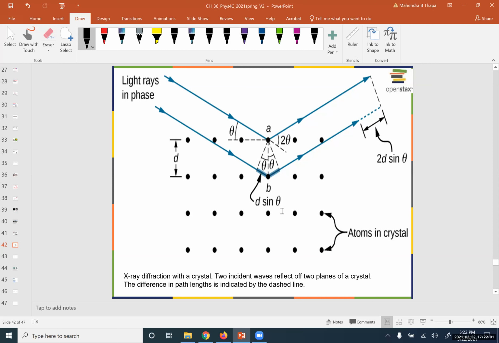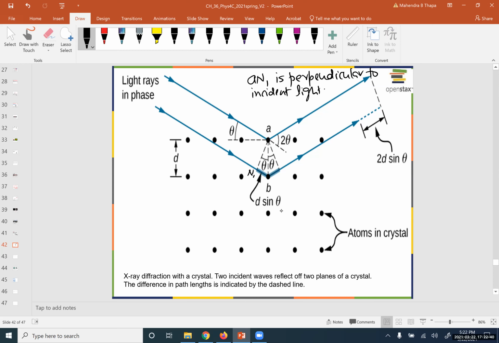So in this picture, I will draw two lines over here. Say n1 is perpendicular to the incident light. You see here, this first incident light is going to be reflected from the first plane.